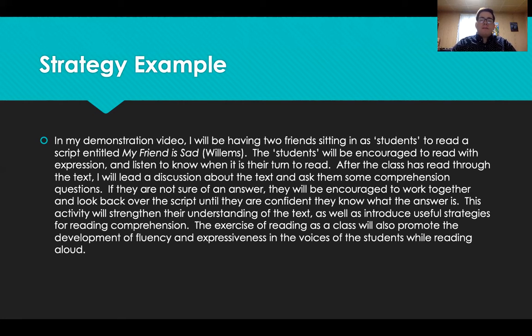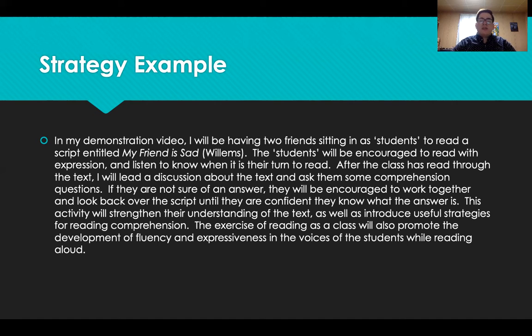And so after the script has been read through and everybody feels confident with how they did, I'm going to lead an example of a discussion between teachers and third grade students about the text and ask them comprehension questions to see if they understood what they were reading.